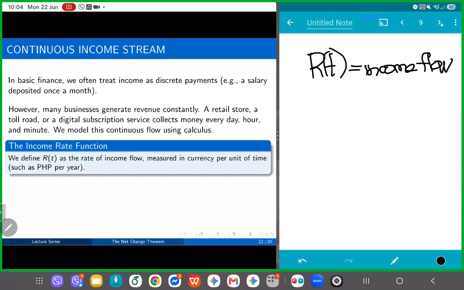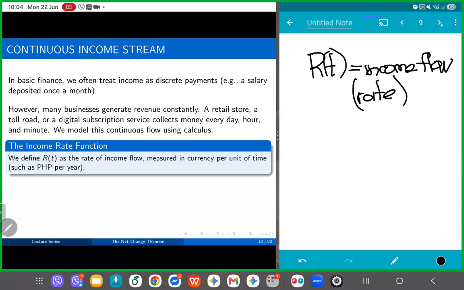meaning when you say flow, it's the rate, like water flowing. If there's a big pressure, it could be flowing very fast, or if the pressure is too low, the flow would be too slow. So it's the rate.